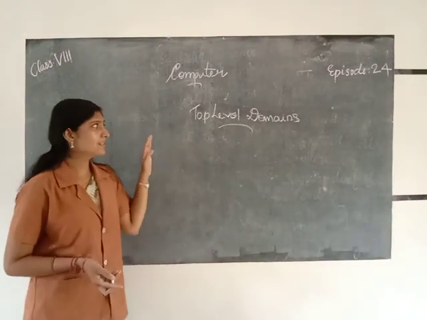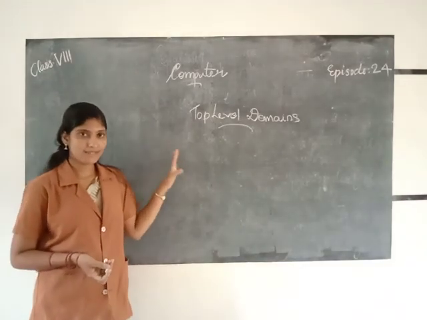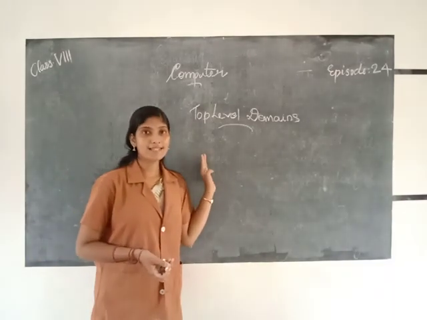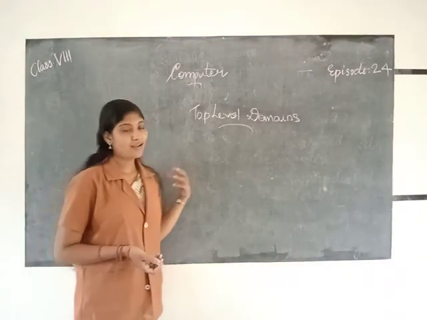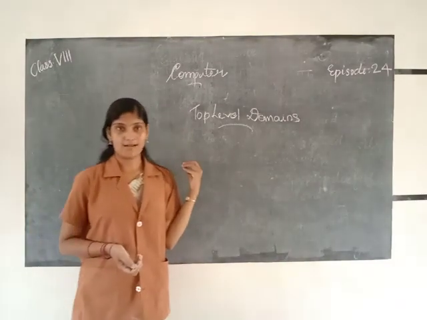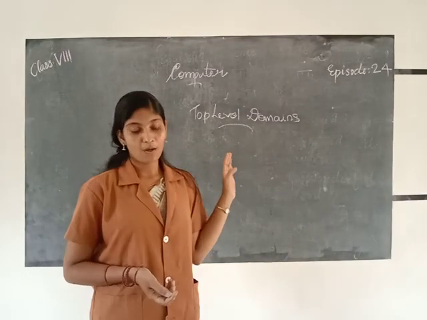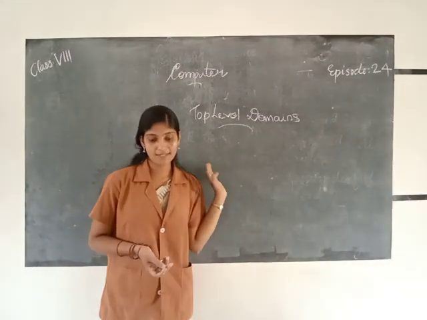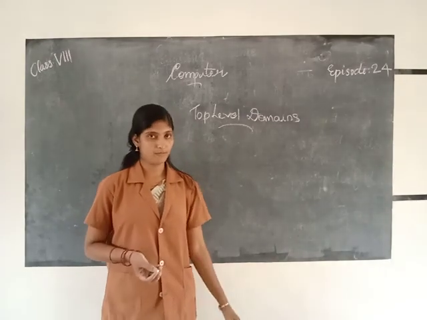Then what do you mean by top level domains? We know in a website there is a last component like .com, .in, .org, etc. The last component of a website or a domain name is known as the top level domain.